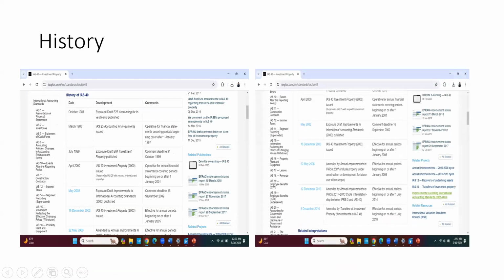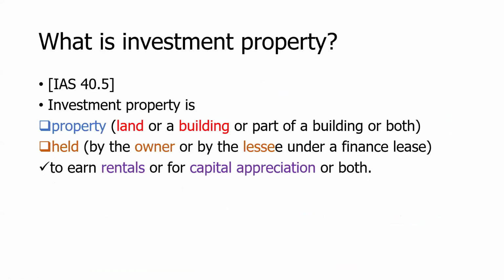And then the second one is the continuation. So when you go to IAS Plus.com, you find all the historical development from way back in 1984 to when the IASB adopted it, and the various amendments through to the last amendment, which was done in December 2016.